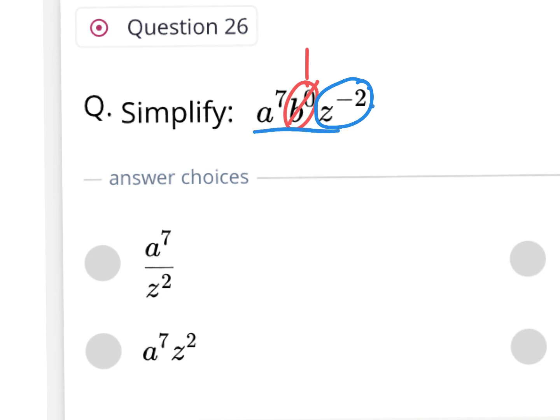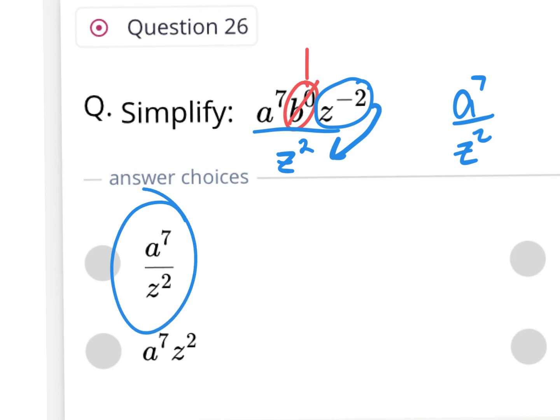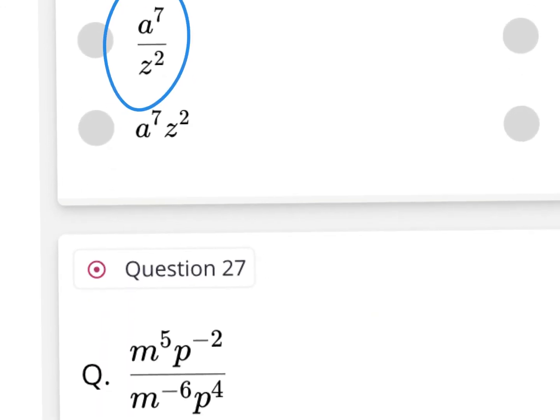You must move that term to the other side, and it will become positive. Remember, negative exponents move from the numerator to the denominator or from the denominator to the numerator, and they become positive when you move them. So what's our final answer here? There's a to the 7th left over up on top and a z squared on the bottom. Moving on to question 27.